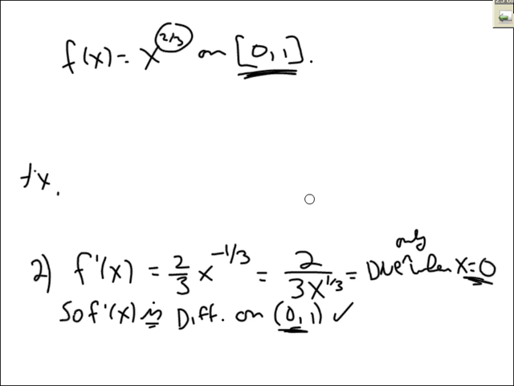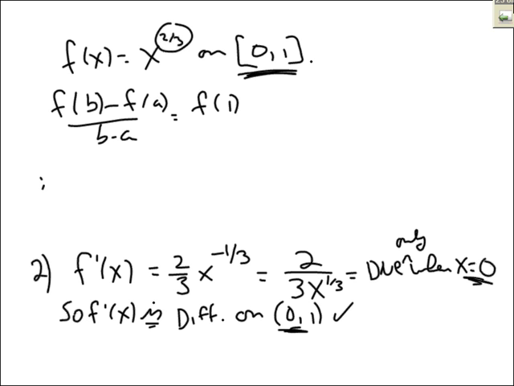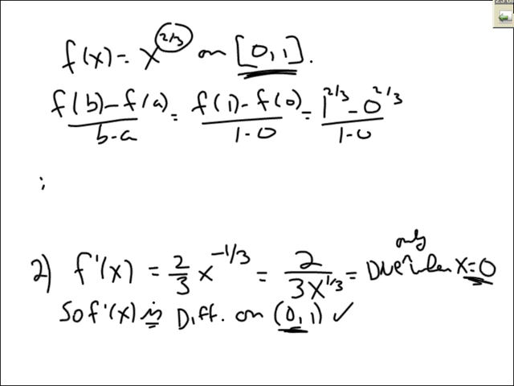Now we need to find that c value. I'm not going to erase the derivative. So f of b minus f of a over b minus a, which is f of 1 minus f of 0 over 1 minus 0. We have 1 to the 2/3 minus 0 to the 2/3 over 1 minus 0.